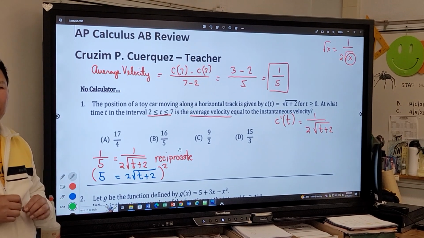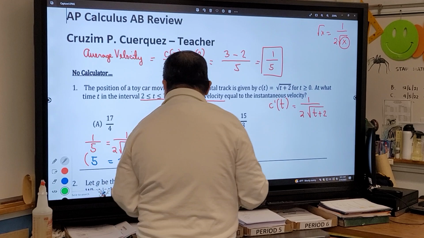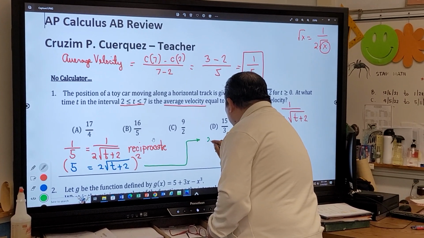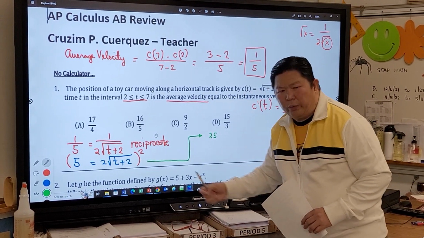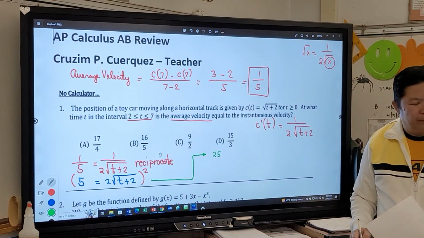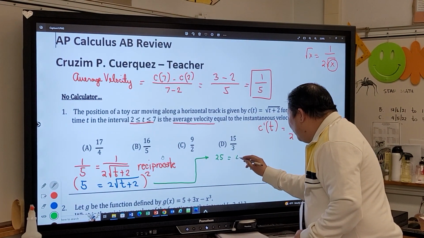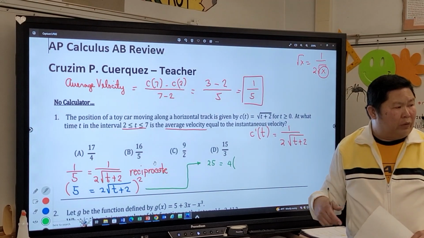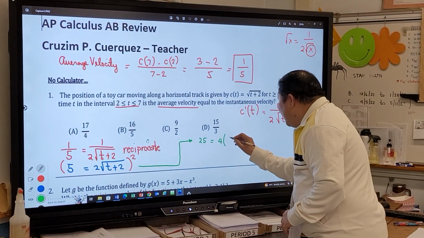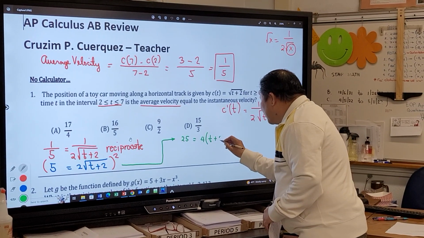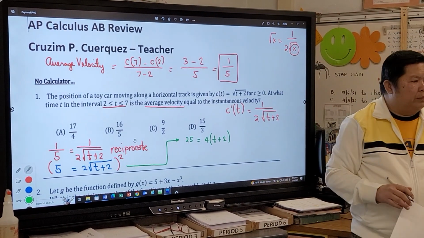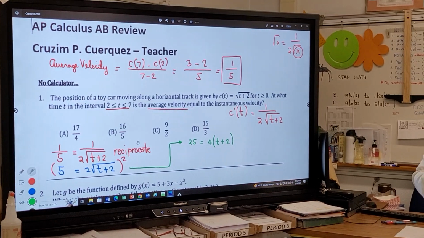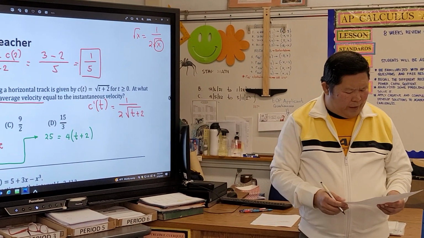So what is 5 squared? 25. And then 2 squared. What is 2 squared? 4, right? Okay, so equals 4 times the square root. The square of the square root cancels out, so therefore inside is t plus 2. And what we do now, we distribute the 4, right? The inside t plus 2, right guys?